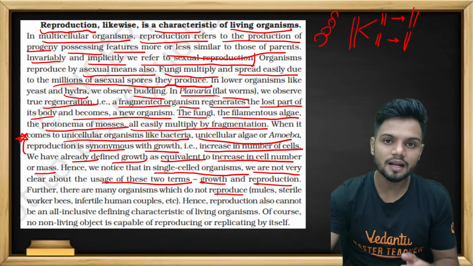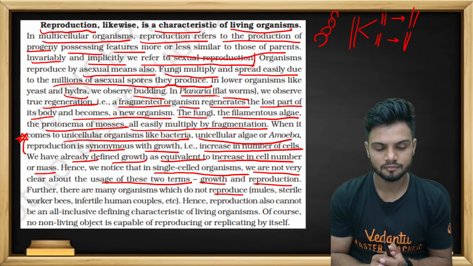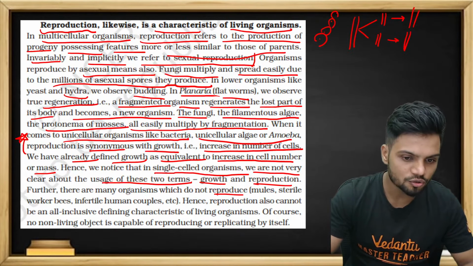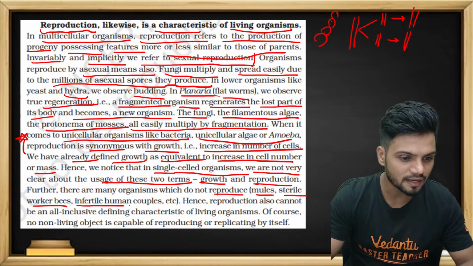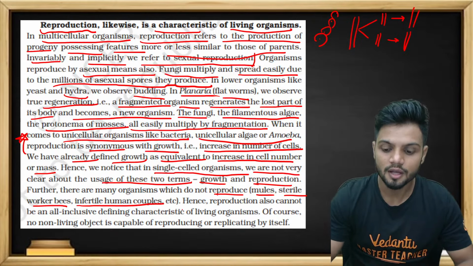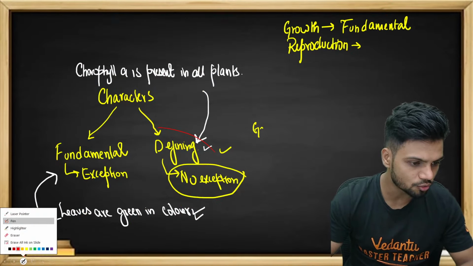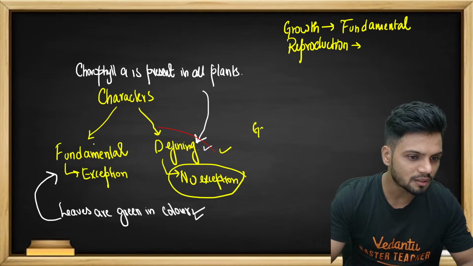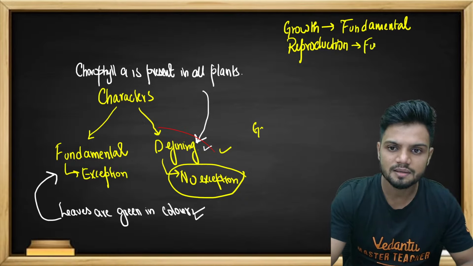That is, there are exceptions to reproduction. Mules, sterile worker bees, that is drones, infertile couples, they do not reproduce. So students, if there is an exception to reproduction, will it be fundamental or defining? It will again be fundamental, because there is an exception. Fundamental.